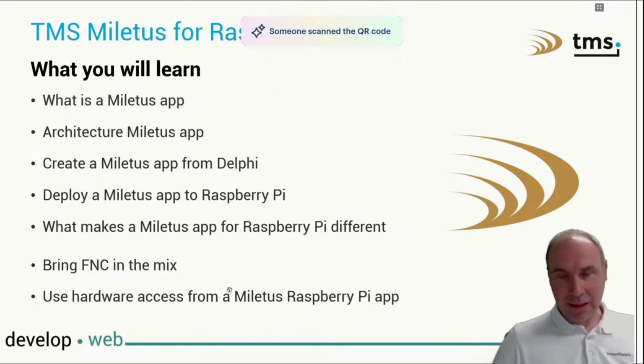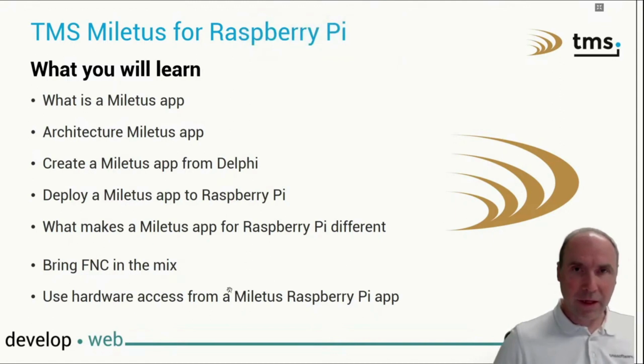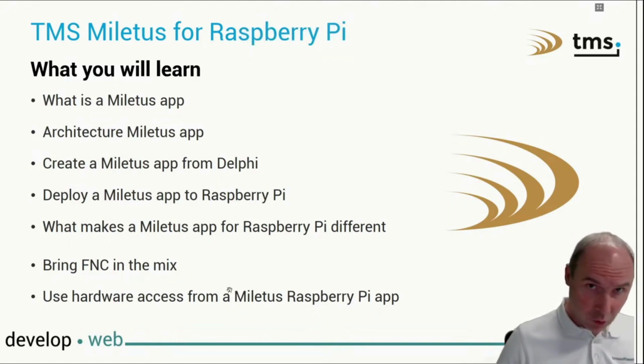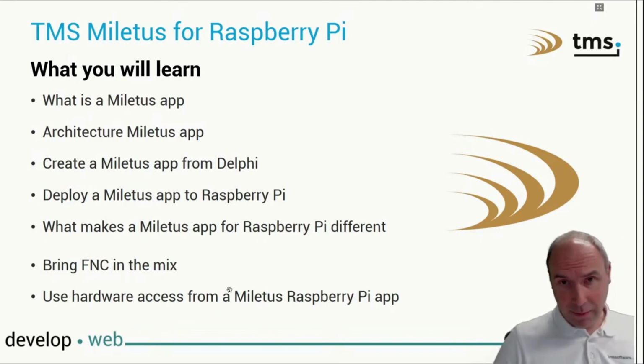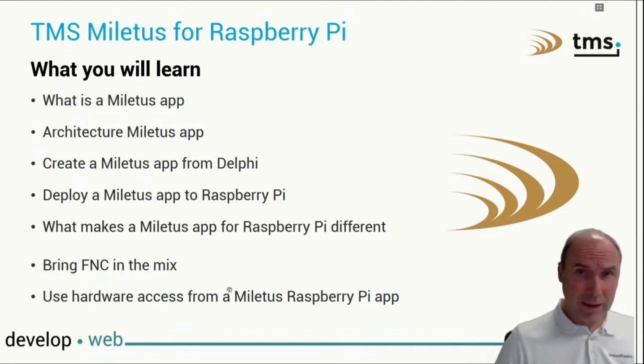With this Miletus technology, you can not only develop applications for Raspberry Pi from the Delphi IDE, you can also create cross-platform desktop applications. So we will also have a look at what's different between creating regular desktop applications with Miletus versus creating them for Raspberry Pi.